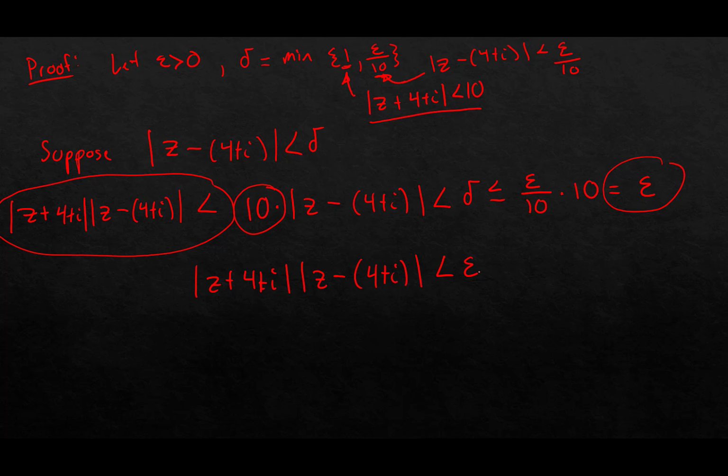We're going to do our backwards algebra. We can simplify the left-hand side to say that this is z squared minus the quantity 4 plus I, all squared. But remember, 4 plus I squared was equal to 15 plus 8I.